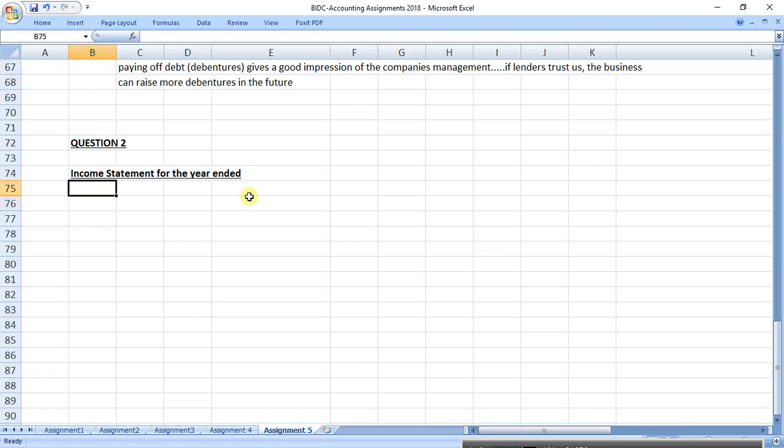Then you've got revenue, cost of sales, closing stock, gross profit.